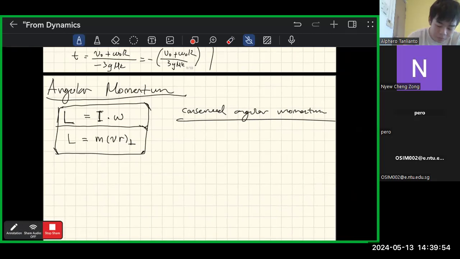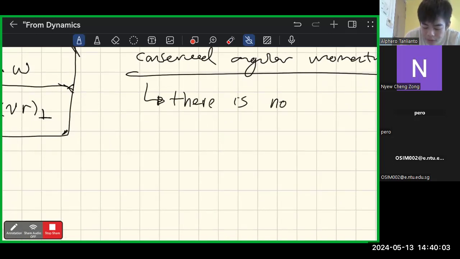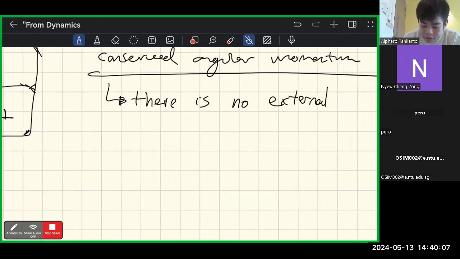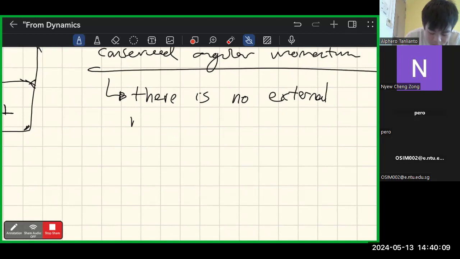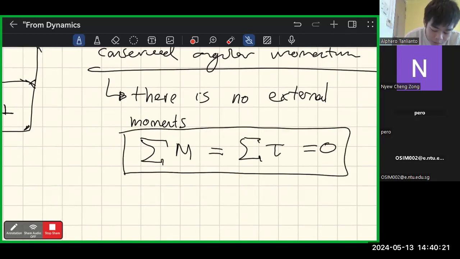But to consider it, you have to understand that as long as there are no external moments, or the sum of the moments, the sum of the torque, equals 0, then the angular momentum is conserved.